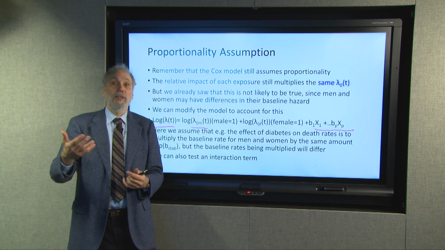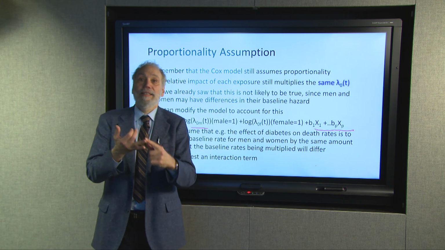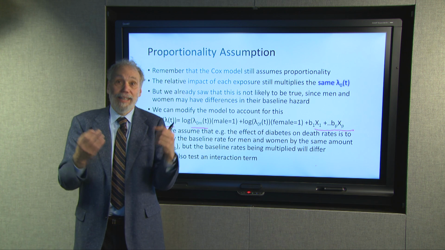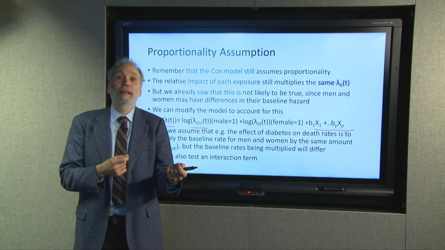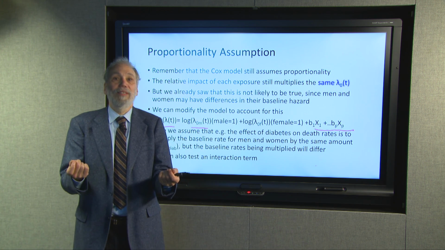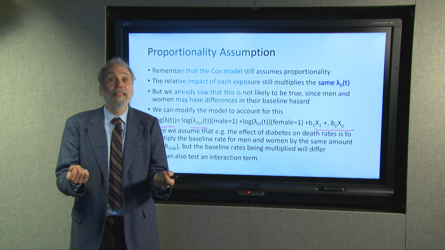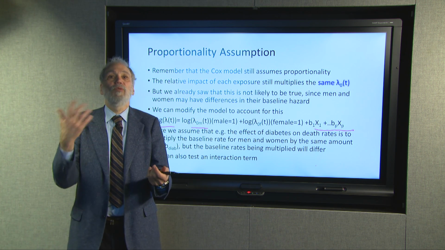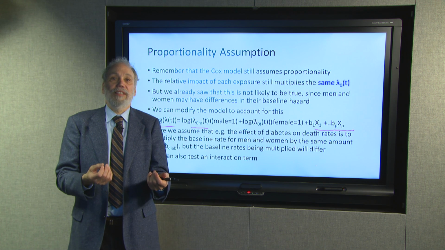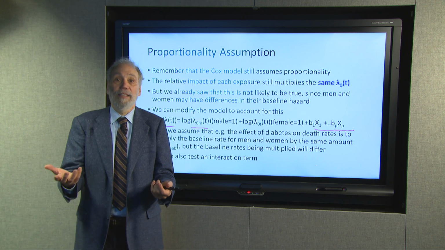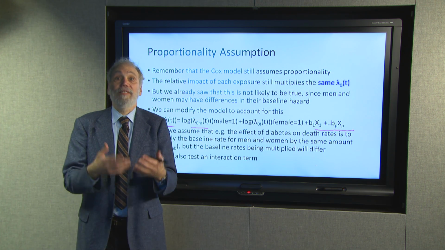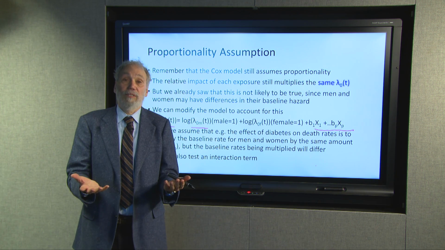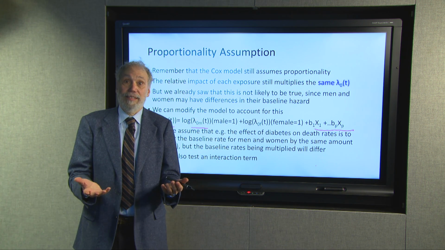That is, for two people with the same age, same gender, same smoking history, etc., if I observe the failure time for one of them and not the other, that's not predictive of what the actual failure time is in the unobserved person. And if that's not true, all of these things will give us erroneous inferences.